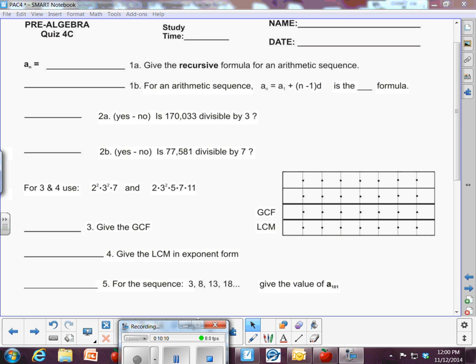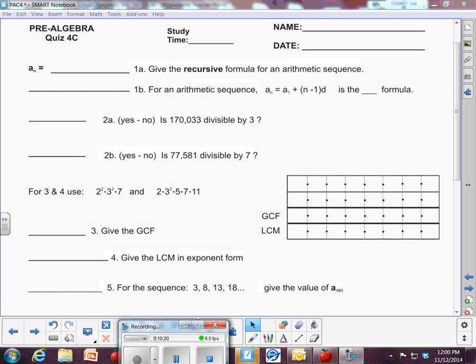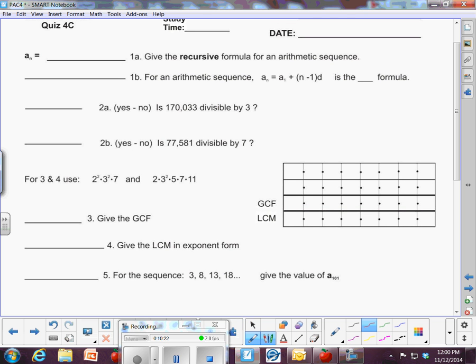Okay, anybody want to give me the answer to 1A? Raquel? A sub n equals a sub 1 plus n minus 1 times d. Not quite. Not quite. Eduardo? Okay, and it's n minus 1, so a sub n minus 1 plus d. That is the recursive formula.